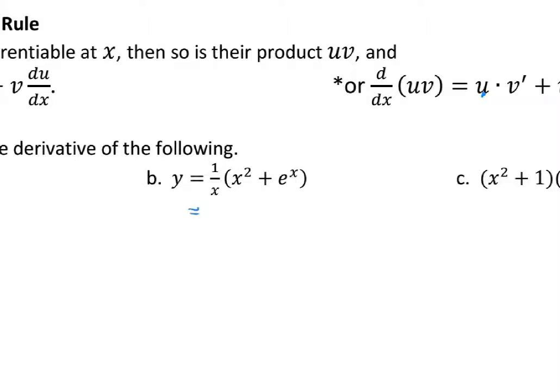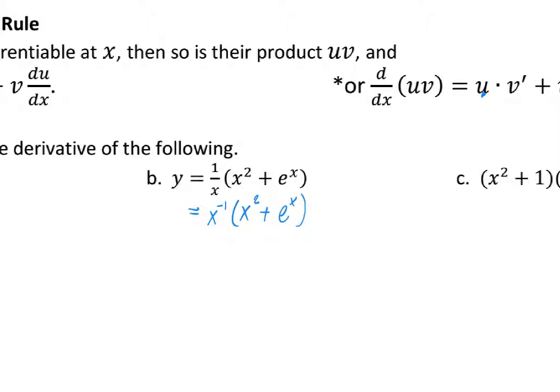I am going to rewrite the original function as x to the -1. Because technically 1 over x is a quotient rule, the division, right? Well, I don't know that yet, so I'm going to write it as x to the -1. I'm just going to bring that x to the numerator. So x to the -1 times x squared plus e to the x.